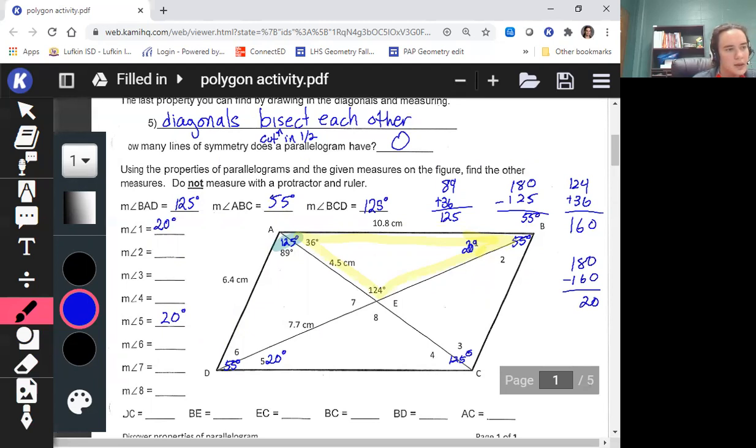And I know that angle 1 and angle 2 have to add up to 55 degrees, so I can subtract 55 minus 20 and get 35 degrees, and that's the measure of angle 2. I also know that angle 2 and angle 6 are alternate interior angles, so angle 6 is also 35 degrees.